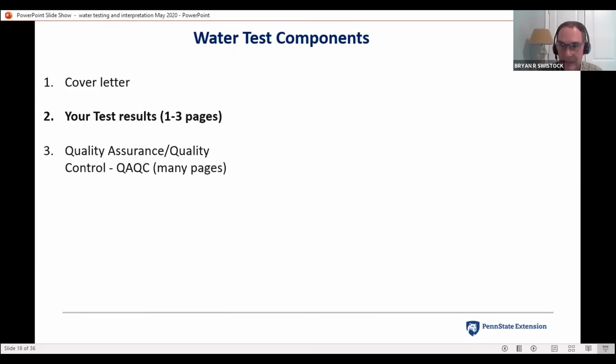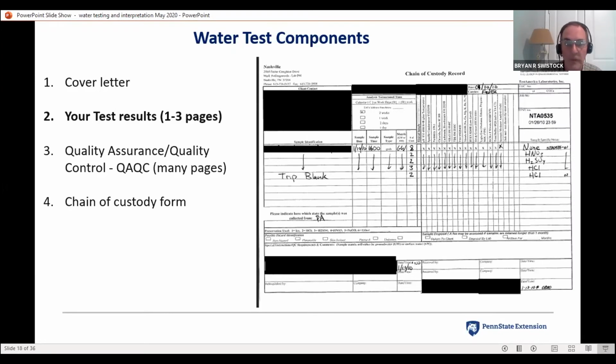That can be dozens of pages in many cases. That's important data. It's basically documenting the quality of the data, the laboratory quality, the field quality of the data. It can certainly be useful if there's ever a question about the data, but for a lot of homeowners, it's just filed away and they pull it out if they need it. But really, the number 2 there, the results, is the most important thing.